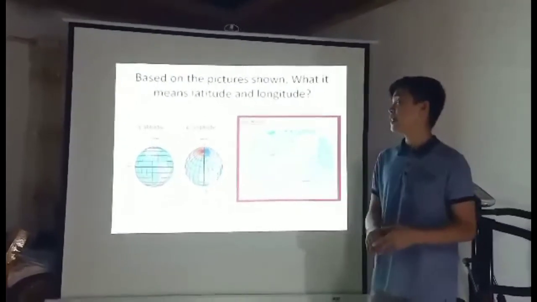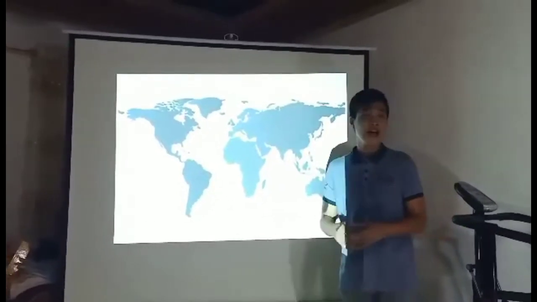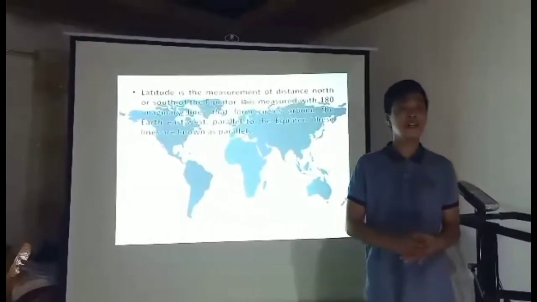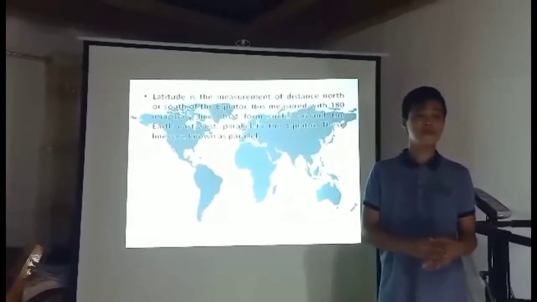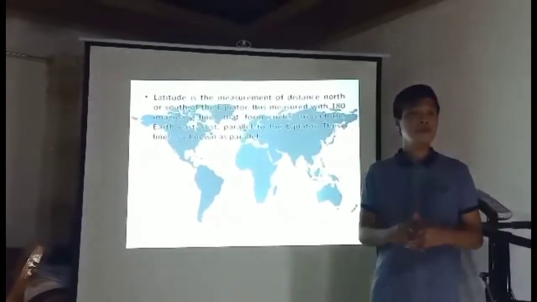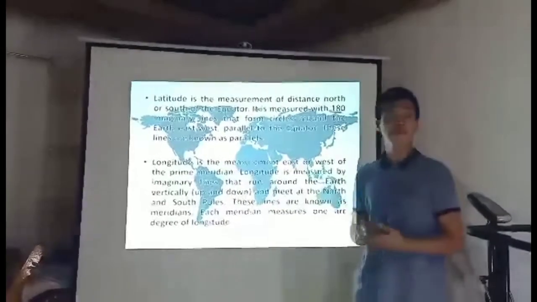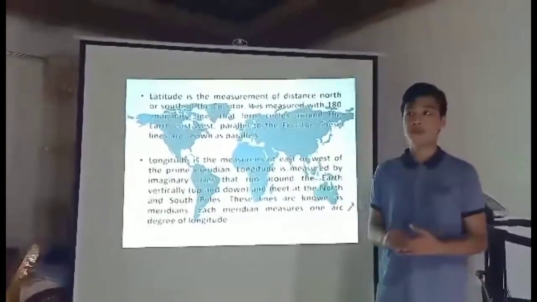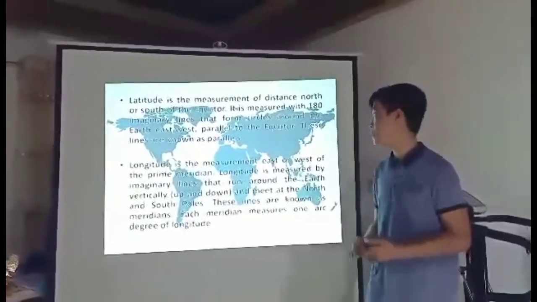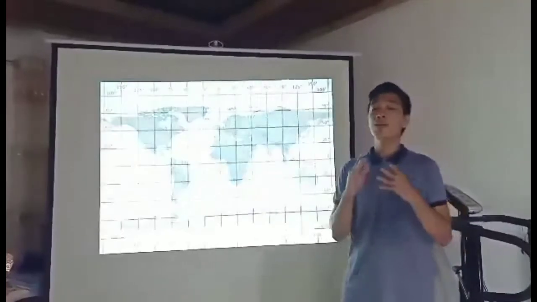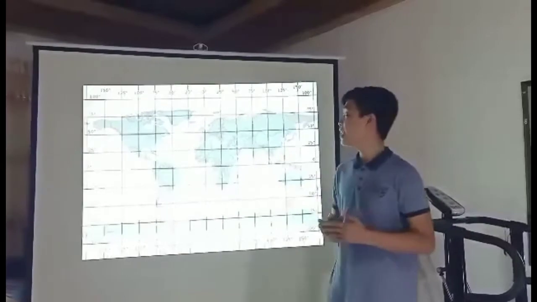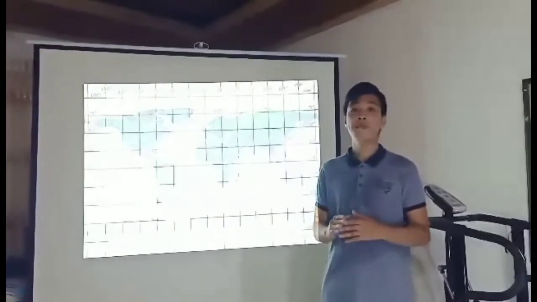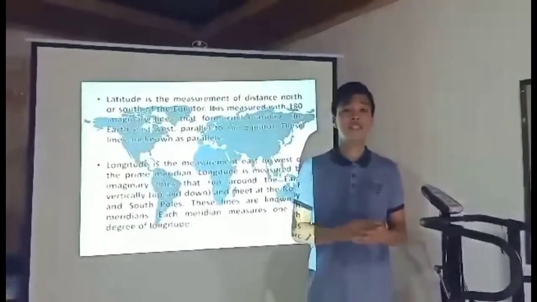Okay, next slide. Table 1, kindly read the definition of latitude. Table 2, kindly read the definition of longitude. Good. Now, latitude is simply defined as the imaginary line that connects between the south and north.